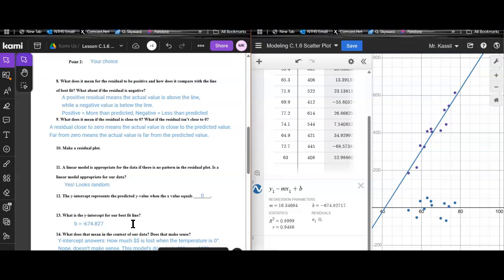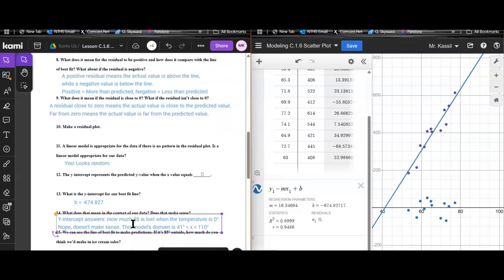Now, what does that mean in the context of our data? We always want to ask, when we're looking at a model, if it actually makes sense. And so this is a y value, and the y value is cost. It's money. And the x value is temperature. So when the x is 0, we have a temperature of 0. That's possible, right? We can have a temperature of 0 degrees, especially if we're talking about 0 degrees Fahrenheit.